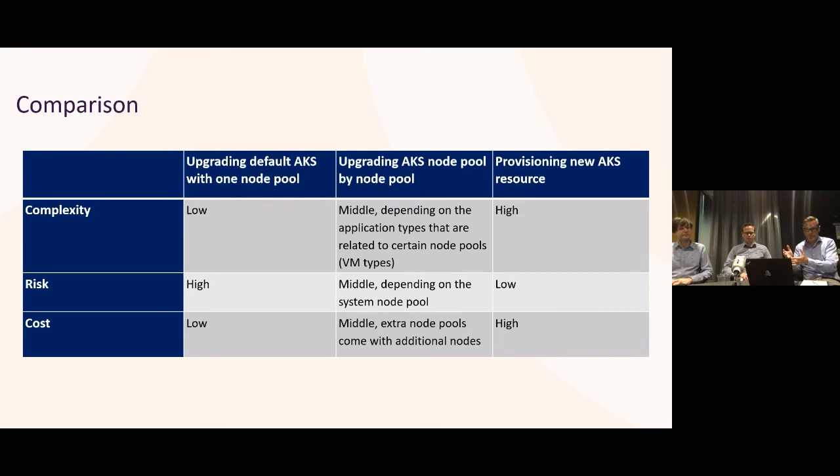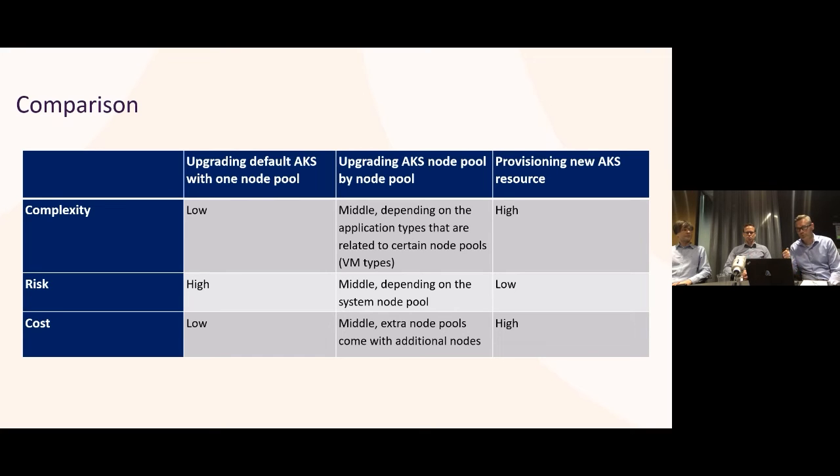So you need to work on this. The cost is quite high because everything is redundant in terms of AKS and it needs to be tested as well. So you need some manpower. And then we have the one in the middle, node pools, where everything is basically in the middle. You have some increased complexity, some more cost, and the risk is somewhere in the middle.